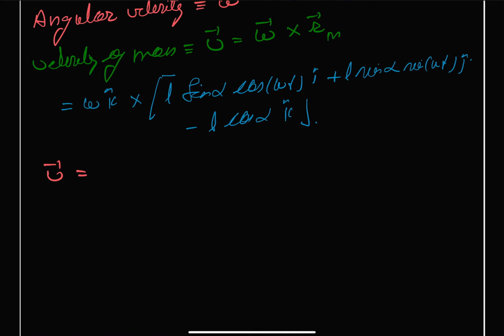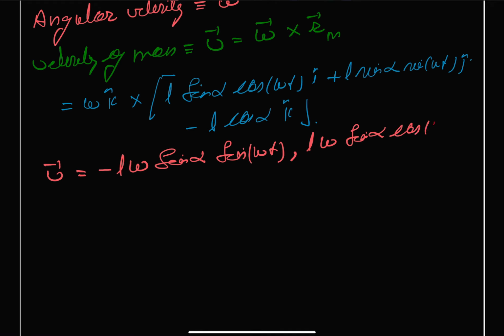So we can write this as minus L omega sine alpha sine omega t, comma, L omega sine alpha cos omega t, and 0.